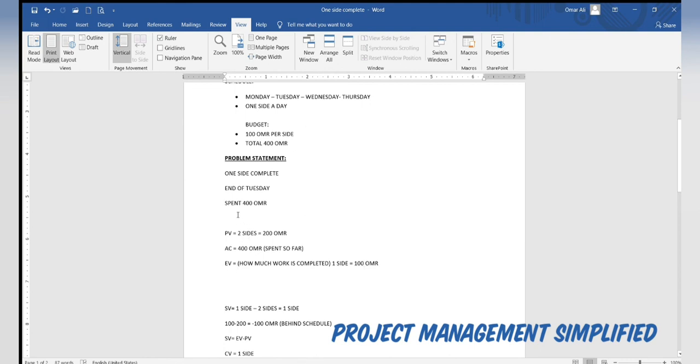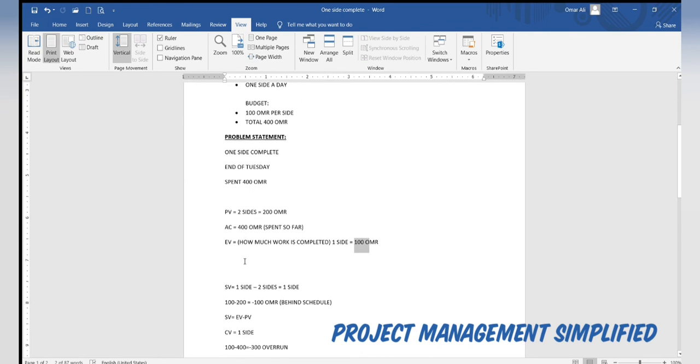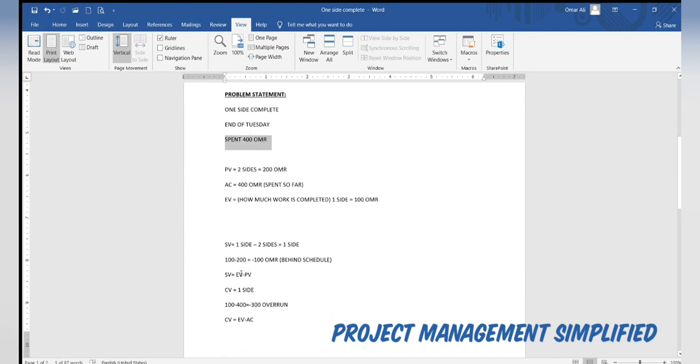The baseline cost for one side is 100 riyals. However, we have spent 400 riyals, which is very bad.